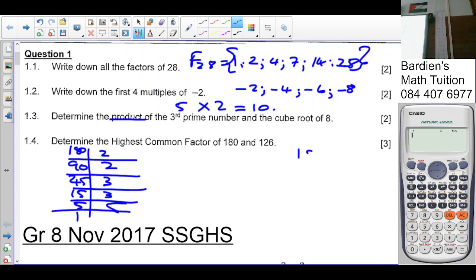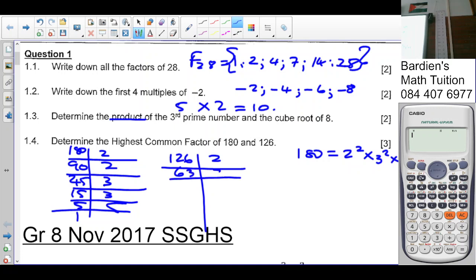So 180 can be written as 2 to the power 2 times 3 to the power 2 times 5. Then for 126, 2 goes 63, 3 goes 21, 3 goes 7, 7 goes 1. So for 126, it's going to be 2 times 3 squared times 7.